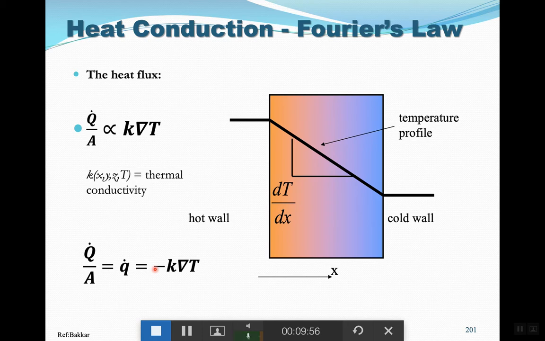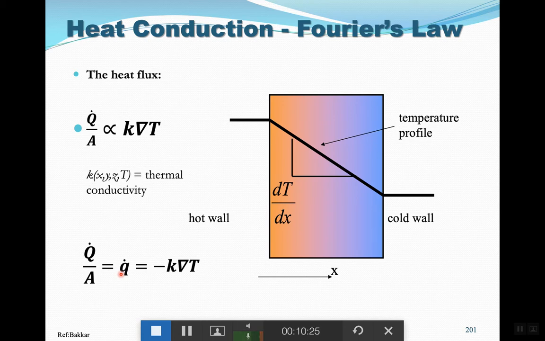But remember, K, which is called thermal conductivity, is a man-made parameter and has to be measured in the laboratory for every material. The way they measure it is they plot Q against temperature gradient, because temperature gradient and Q can be independently measured in the laboratory.